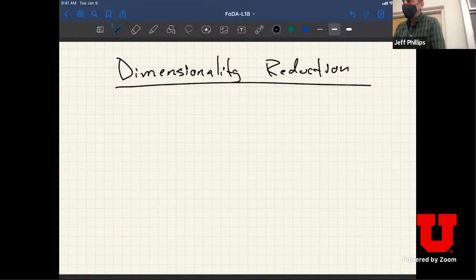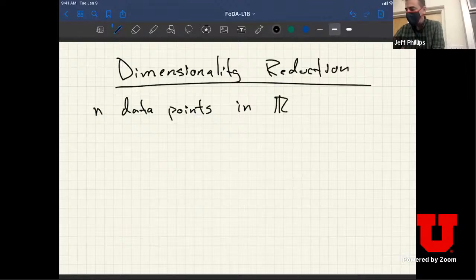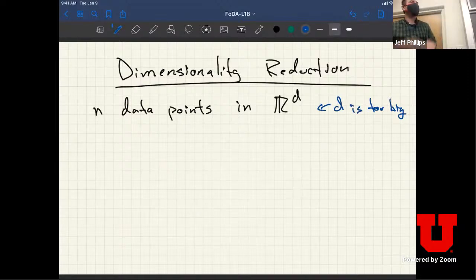Okay. So, all right. So the goal here is we're going to have n data points in R^d. Okay, so we have n of these data points in d-dimensional space, and basically we're going to say d is too big, and I'll talk a little bit about what this means, but I want to give a little bit more notation and context first.